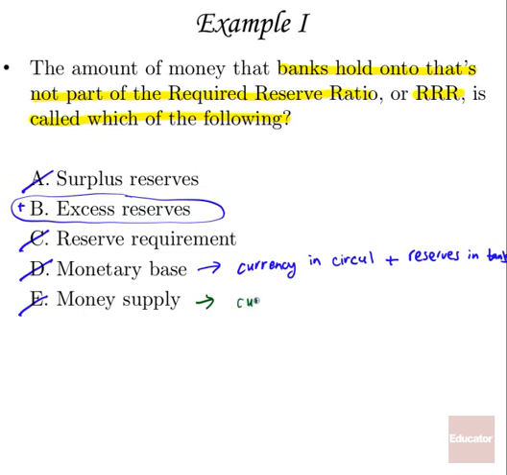The money supply is also the currency in circulation plus the checkable bank deposits. Kind of escaped me for a second here. So this money supply is M1.